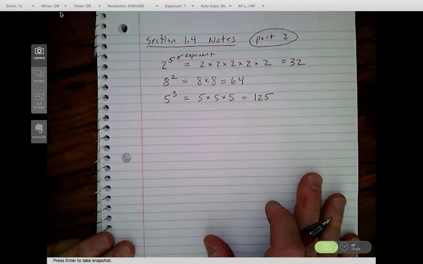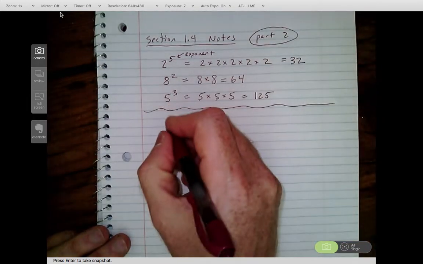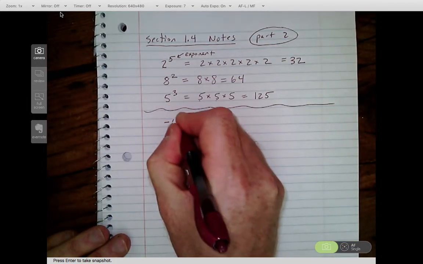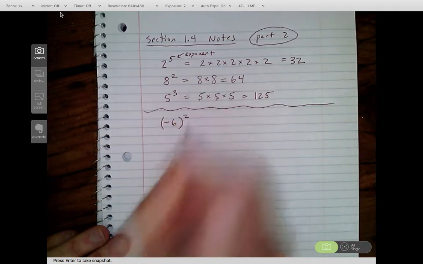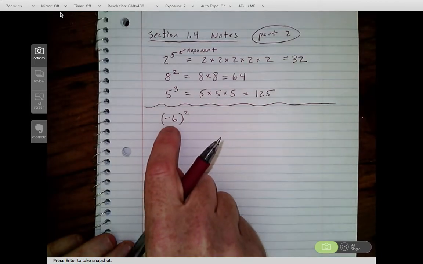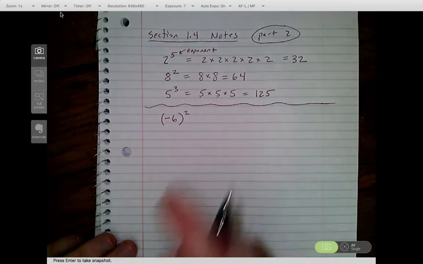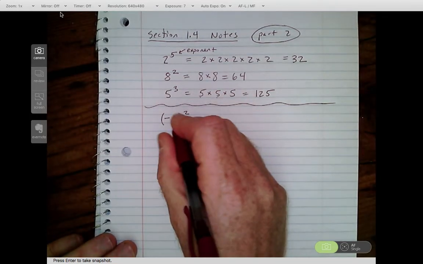Okay, so on your homework, for your assignment, you're going to have negative numbers and exponents. So it's a little bit tricky and you've got to be careful. It's often confusing. So here, when the negative is in the parentheses with the exponent on the outside, we are squaring a negative number.